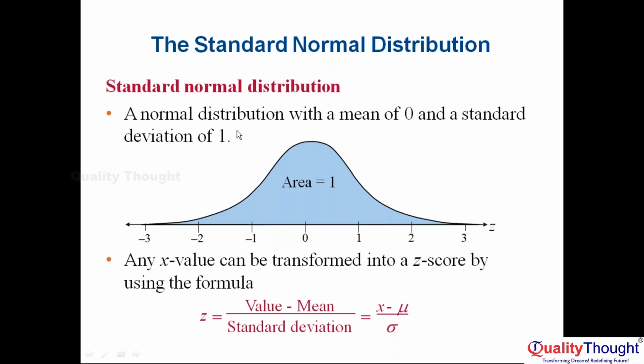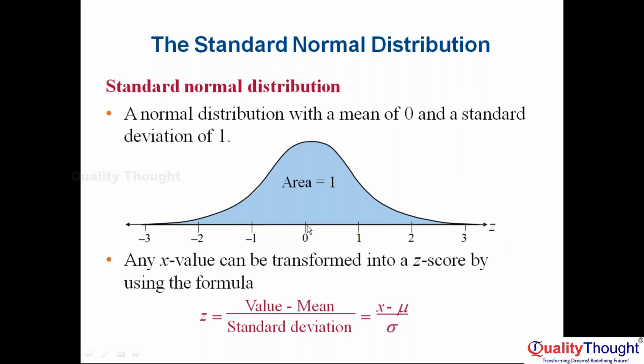A normal distribution with a mean of 0 and a standard deviation of 1 is always called the standard normal distribution. The area of this entire curve is 1, and the axis starts from minus 3.49 till plus 3.49.